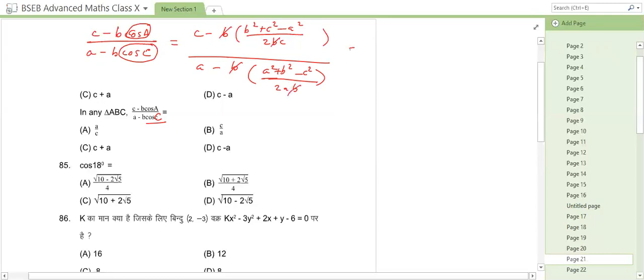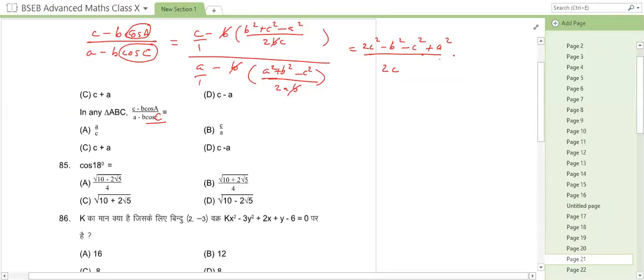So what we have on top, we can take an LCD there and an LCD here. So we have 2c in the denominator here. This should be 2c², minus b², minus c² plus a².